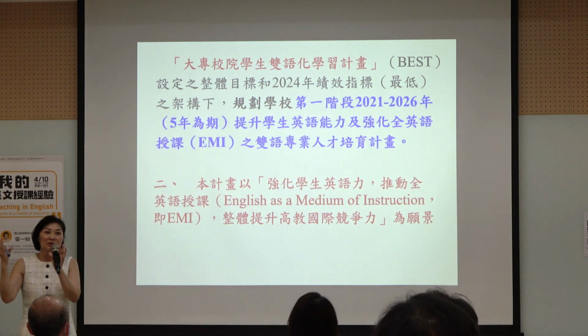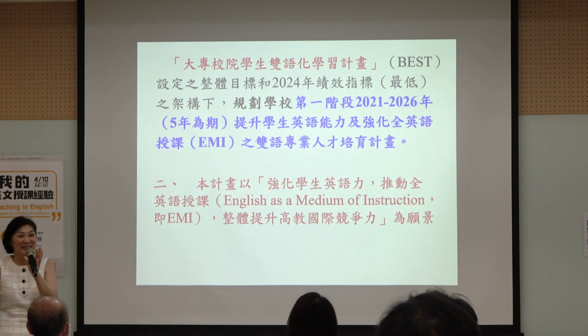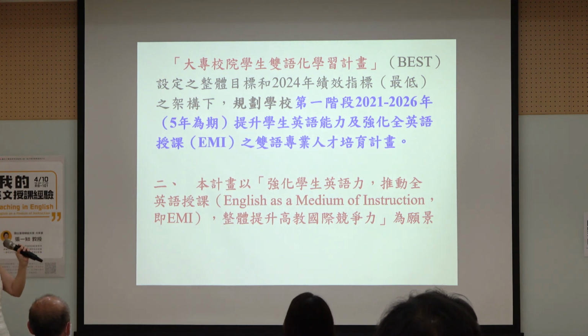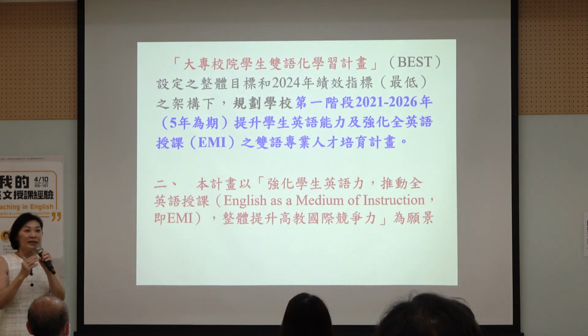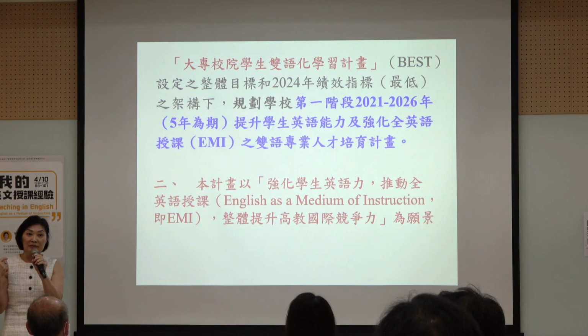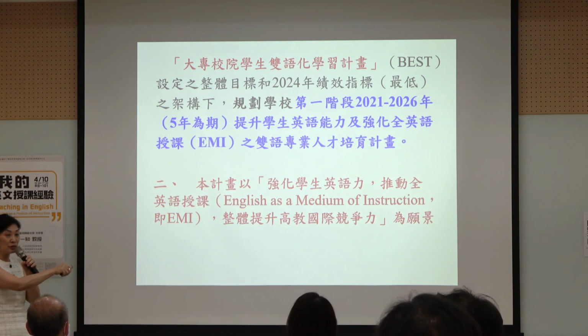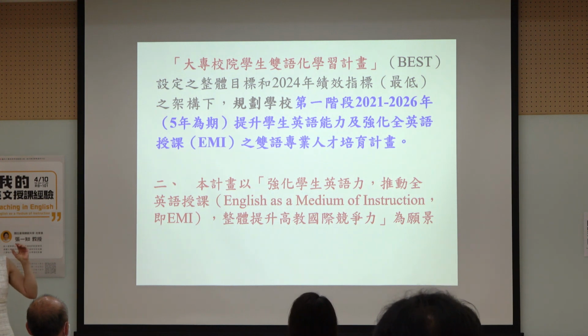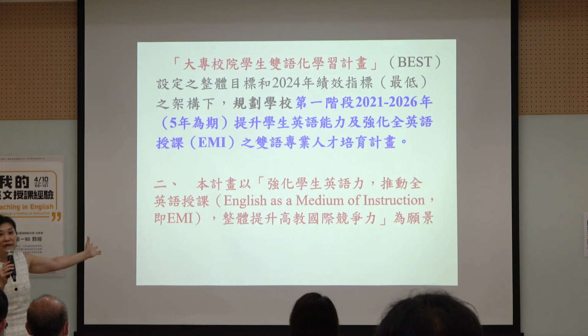Okay, the most important is the money and the SWIP. I'm not quite sure about the SWIP, but the money I know. Everyone knows the MOE offers lots of money for the university to do so. And in my university, our vice president, VP Liu Meihui, has been promoting English teaching way before this.